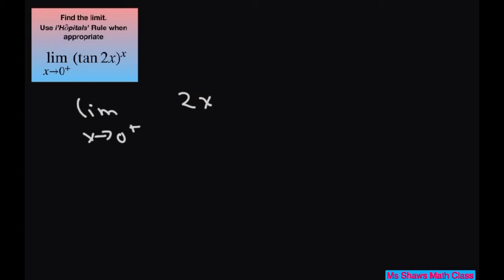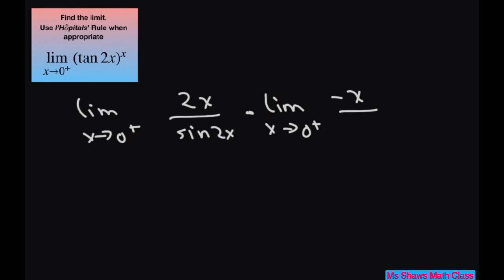And then the denominator is going to be sine of 2x. And then I'm going to split this up and write this as the limit as x approaches 0 from the right of negative x divided by cosine of 2x. So basically I just split this all up, and now let's take the limits.